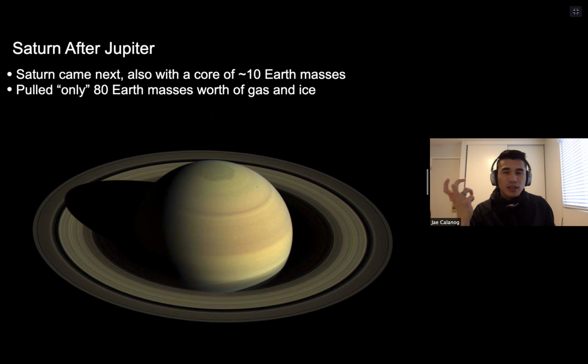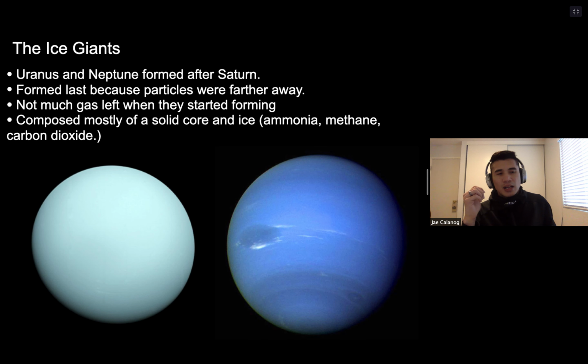So it was only able to pull in 80 Earth masses worth of gas and ice. And then after that came the two ice giants, Uranus and Neptune. Size-wise, they're about 4 times the size of the Earth. And when it comes to mass, they're about 14 to 15 times the mass of the Earth.